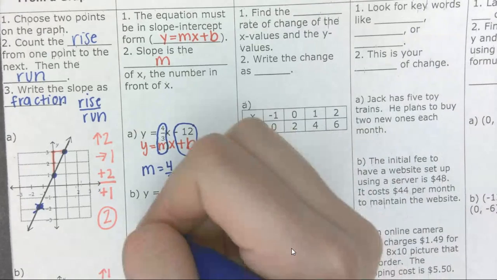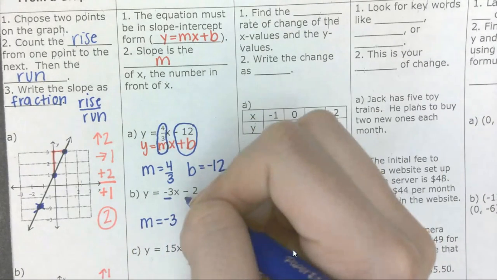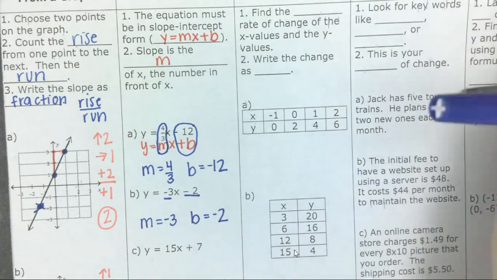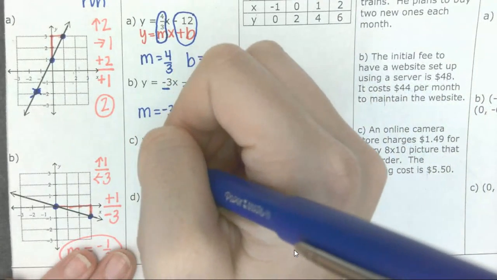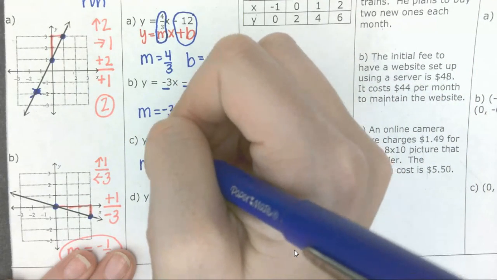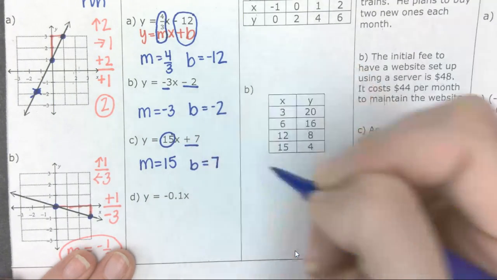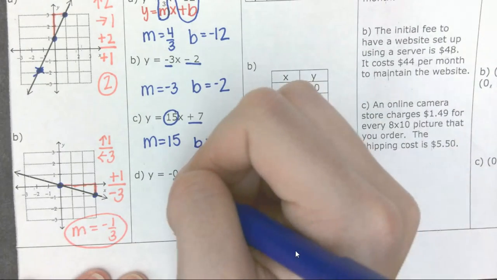So for the next one, my m would be negative 3, and my b would be negative 2. For c, my m would be 15 because it's in front of the x, and my b this time is 7, positive, so I don't need to put the plus sign. And d is the only trick.